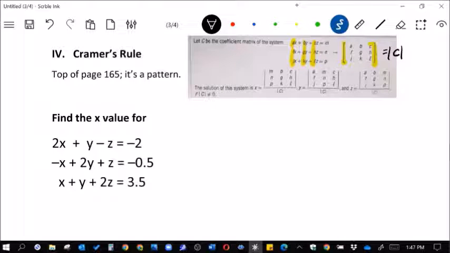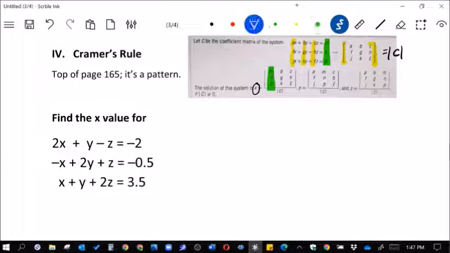Okay. And then for the x value, notice what we're going to do here is we're going to use the results, the answers for each of those equations, in place of the x's. Otherwise, it's the same coefficients.